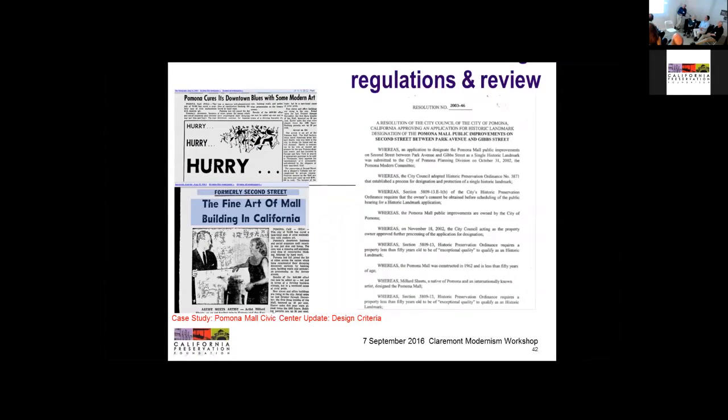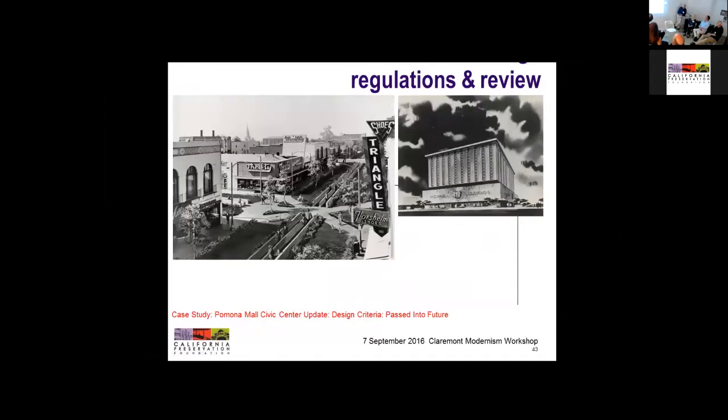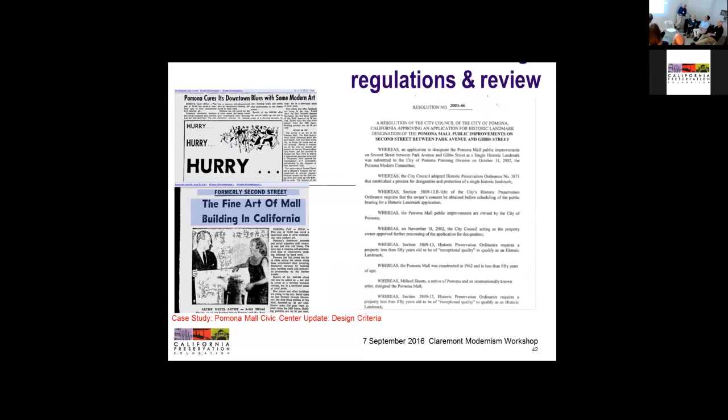What we have is some articles from different news outlets, Sarasota, Florida, and one titled Pomona cures its downtown blues with some modern art. That would be Mr. Sheets, we think. And then there is Mr. Sheets himself with some art that some local patron had bought on a trip abroad, talking about the fine art of mall building.